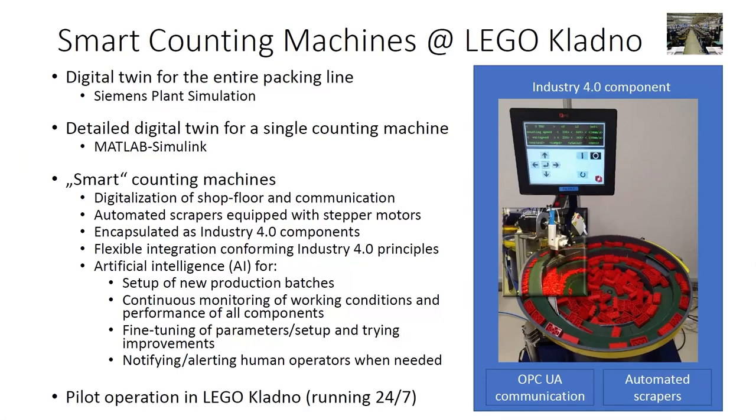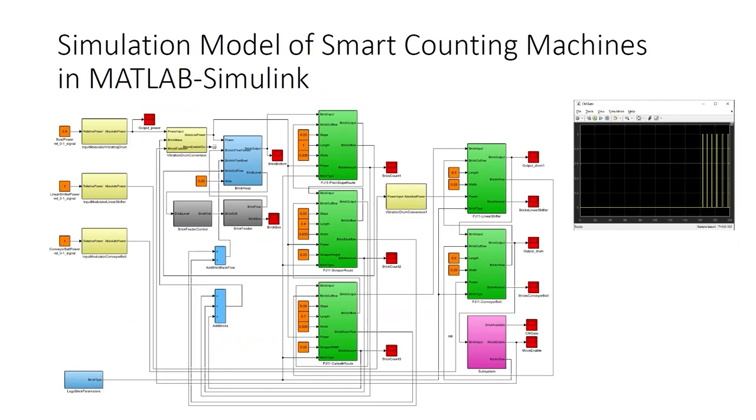This is just an example of how we improved the manual scrapers with automated scrapers. As I mentioned, we started with simulation modeling of the line and of all the machines. In fact, the simulation model is a kind of leitmotif, a common intersection point in my presentations today.